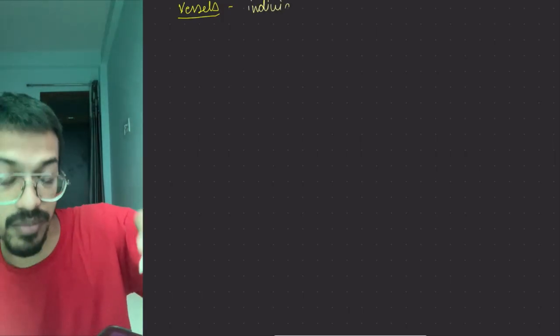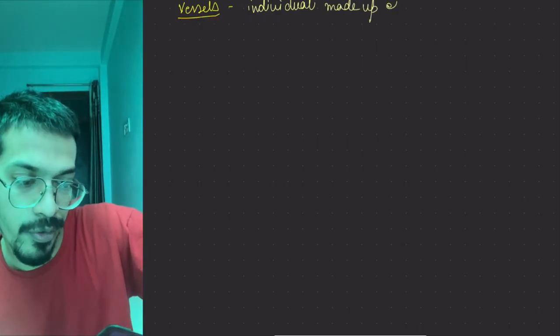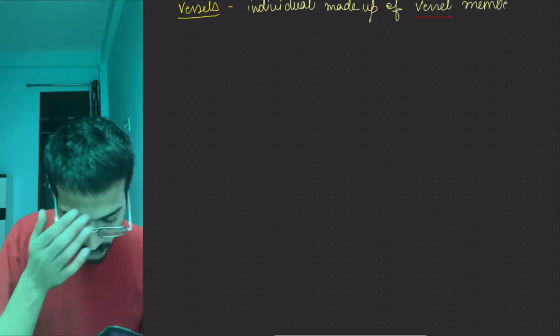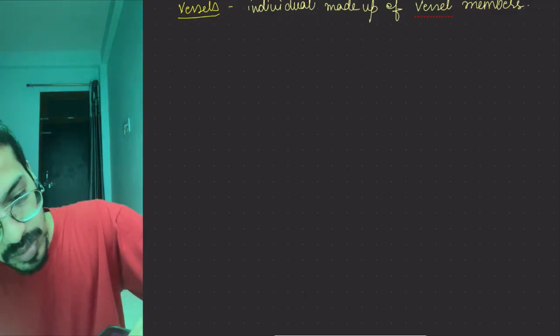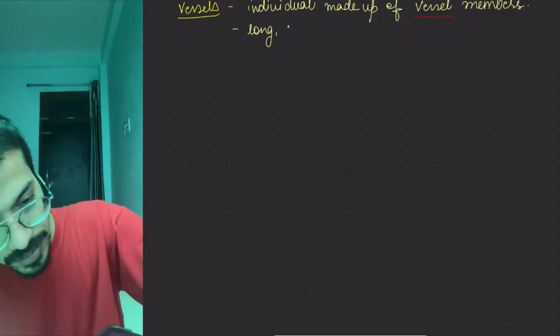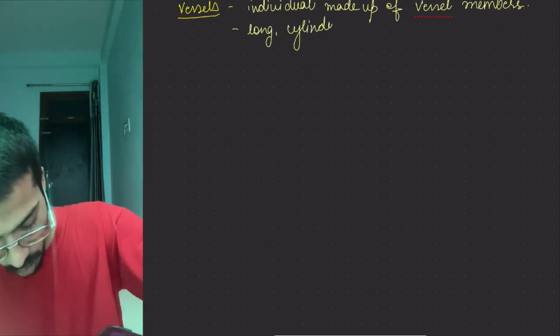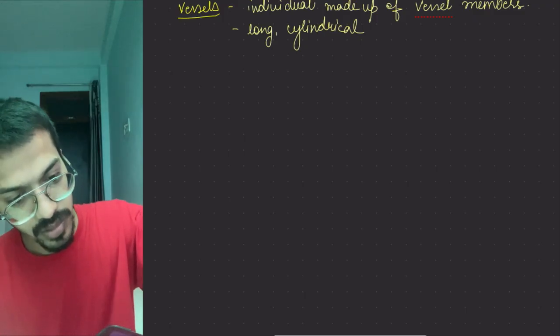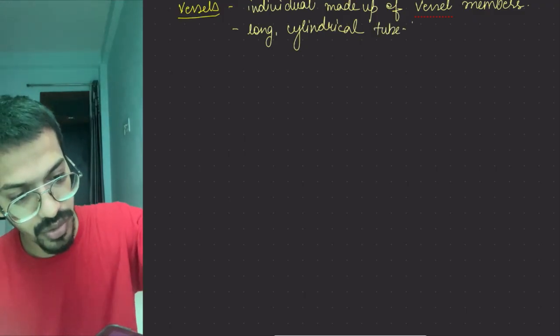Individually they are made up of vessel members. They are long, cylindrical, tube-like structures.